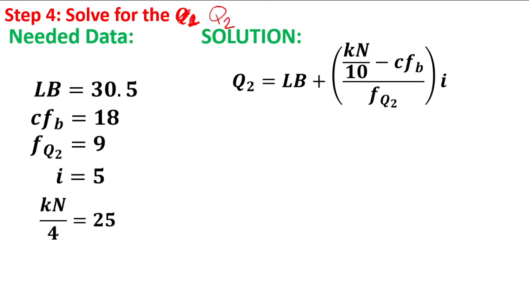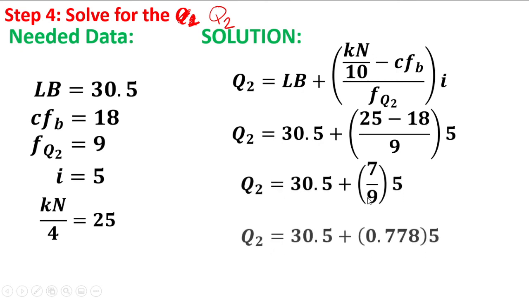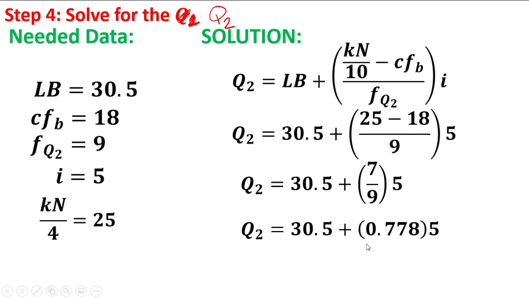Okay, and I is 5. And kn over 4 is 25. So, substituting all the given values. Now, 25 minus 18. Ito munang nasa parenthesis unahin natin. 25 minus 18. That is 7. And 7 divided by 9, that is approximately equal to 0.778. 0.778 times 5, that is approximately equal to 3.89.